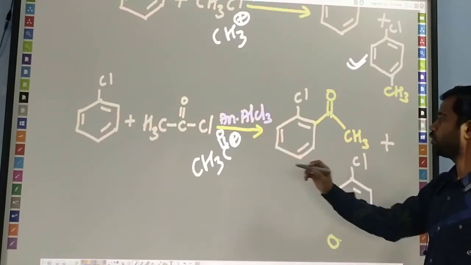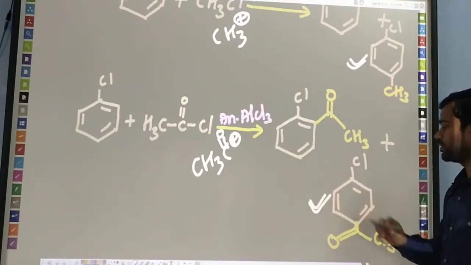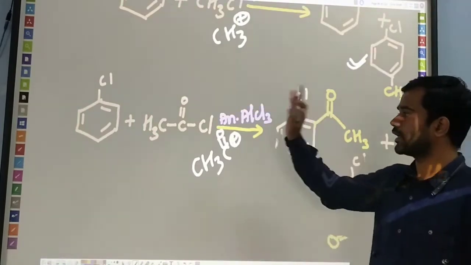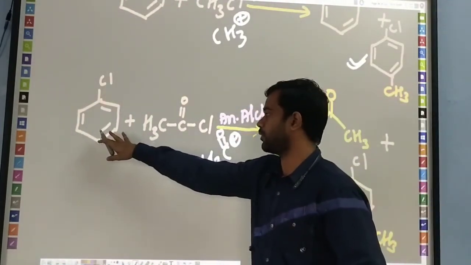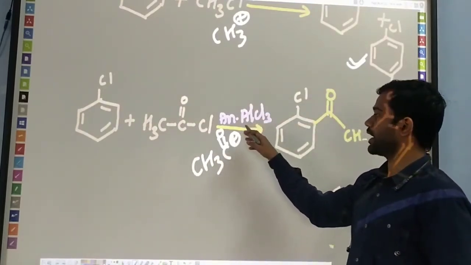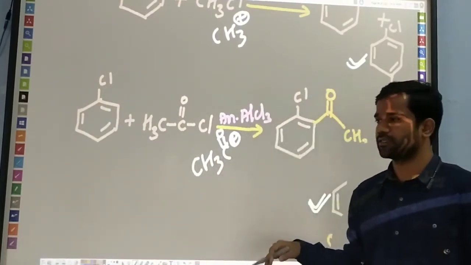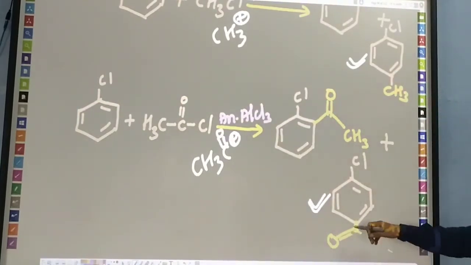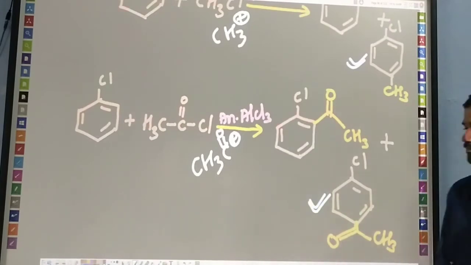In this case, it's going to attack at the para position. This is our major one and this is our minor one. Try to remember that the haloarene is going to react with the acyl chloride in the presence of anhydrous AlCl3 or in the presence of anhydrous FeCl3. The major product is going to be formed like this.